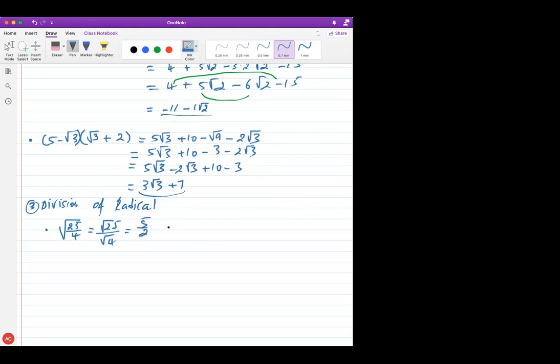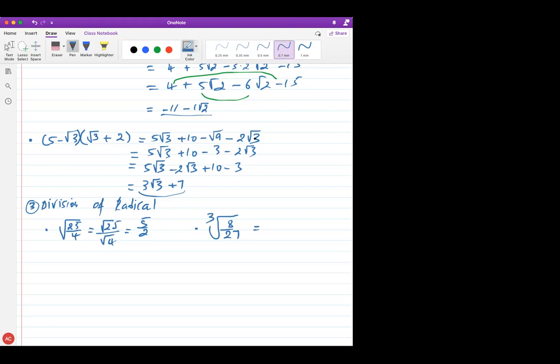It also works if you have, let's say, the cube root of 8 over 27, for example, so you have a different index. Okay, so what do we do here, everybody? How do you divide this radical? Separate.